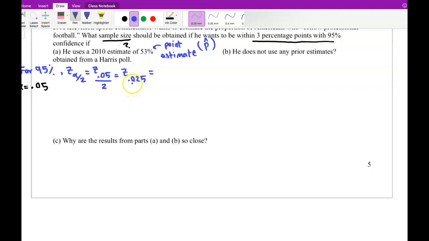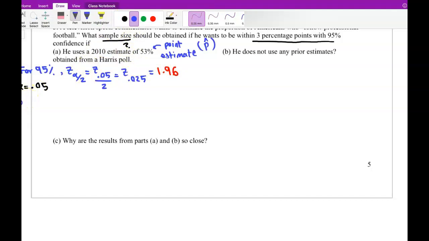Instead of using the area to the right, we use the area to the left, which is 0.975. We had this part before. Finding 0.975 in the body of the table, the z-score is 1.96.